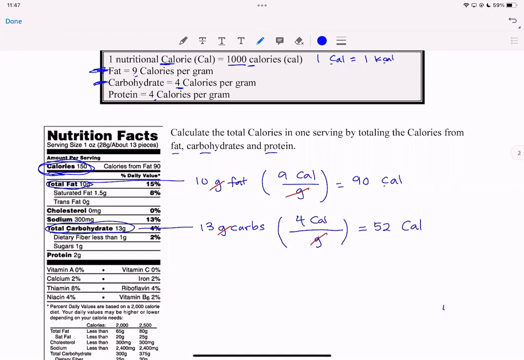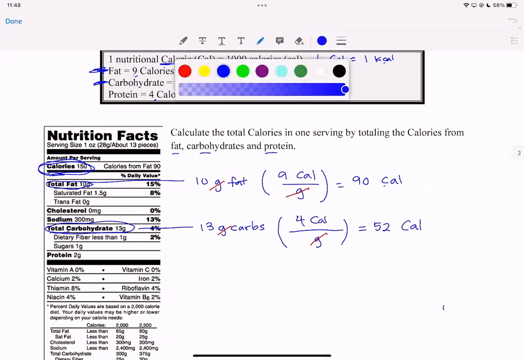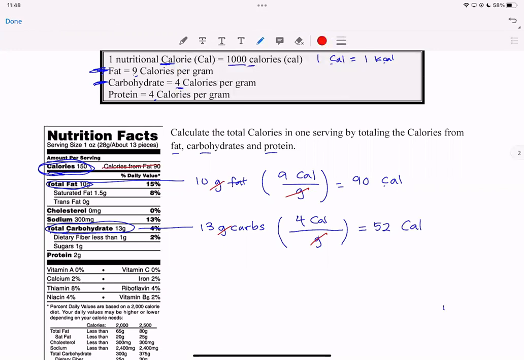But remember, the distinction of where those calories came from is actually not important anymore. So even though this label shows the old-fashioned idea of calories from fat, calories are calories. Okay. So this is protein, which is not written as total protein, but it is the total protein. You have 2 grams of protein, and protein will also provide 4 calories per gram.